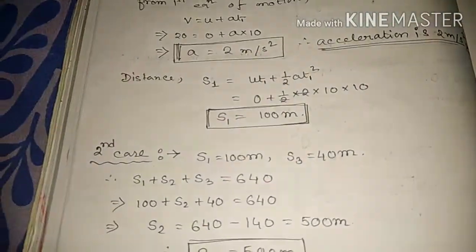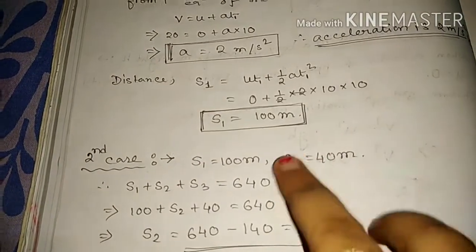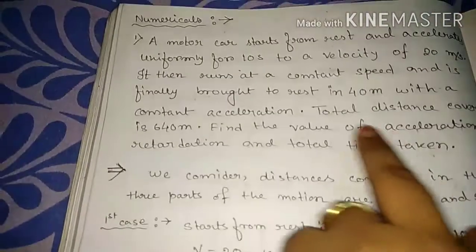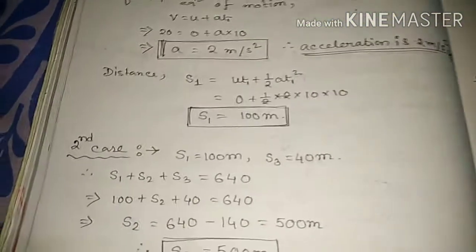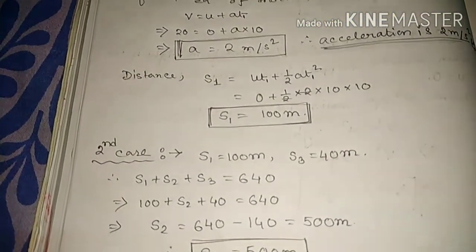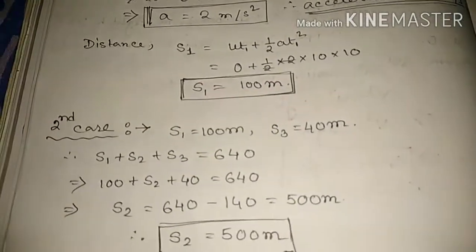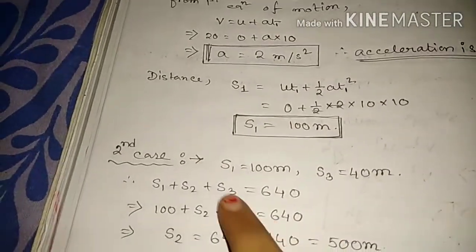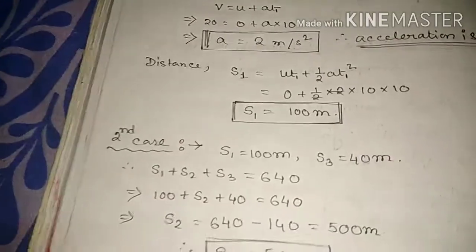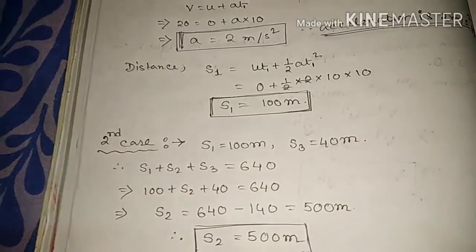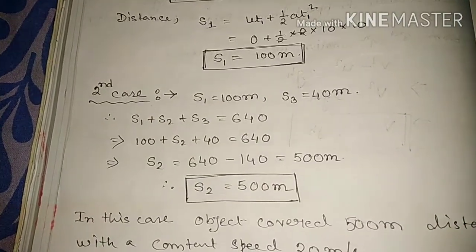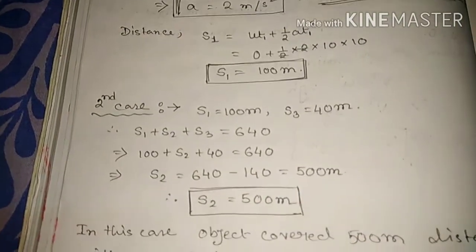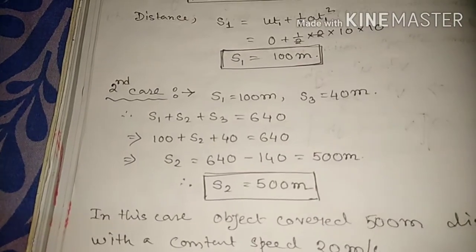So in the second case, s1 equals to 100 meter, we've already found out, and from the third information it is finally brought to rest in 40 meter. s3 is given, that is 40 meter, and we know that s1 plus s2 plus s3 equals to 640. So after putting the values of s1 and s3, we easily find out s2 equals to 500 meter.